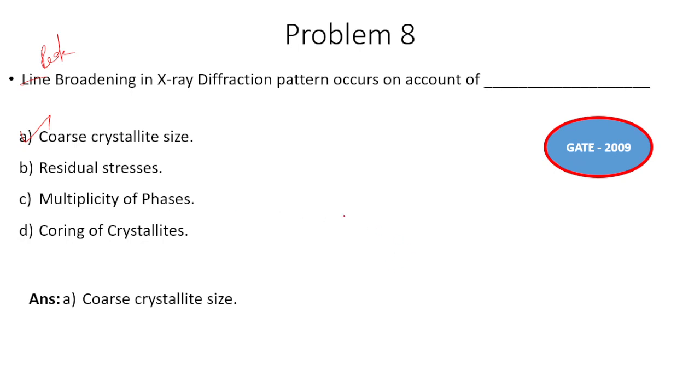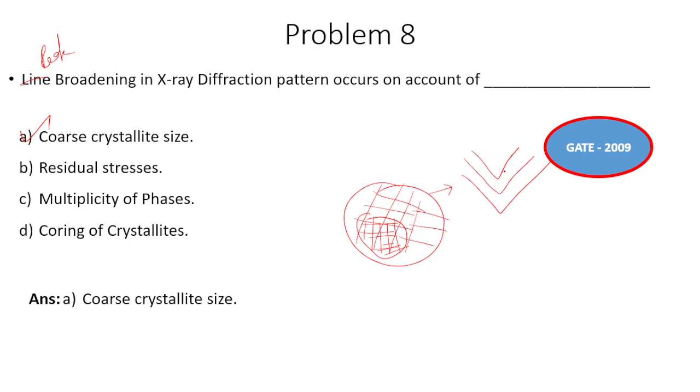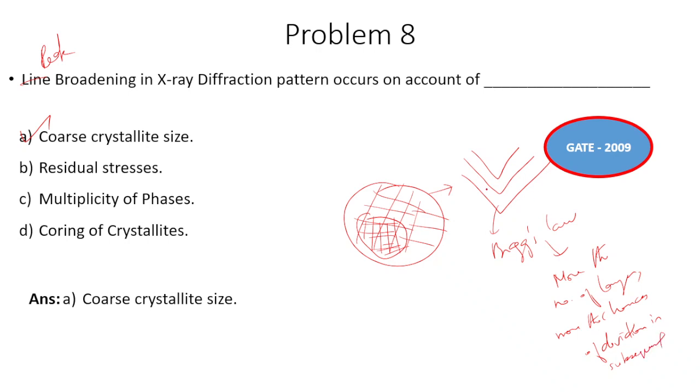Because we just saw last time, as the size of the crystal becomes larger and more coarse, what will happen is, by Bragg's law of X-ray diffraction, on a layer by layer basis, the more the number of layers, the more the chances of deviation of the beam in the subsequent planes.